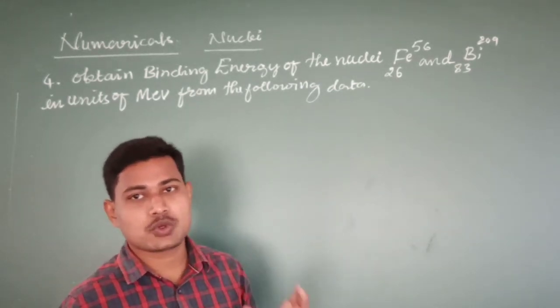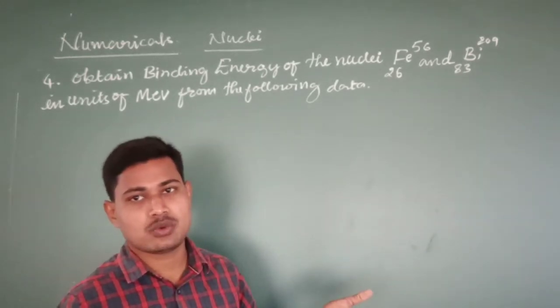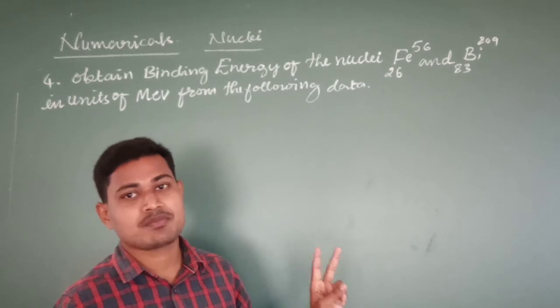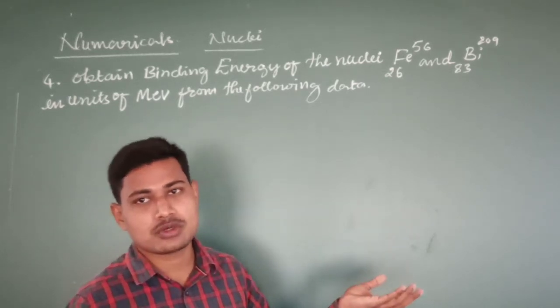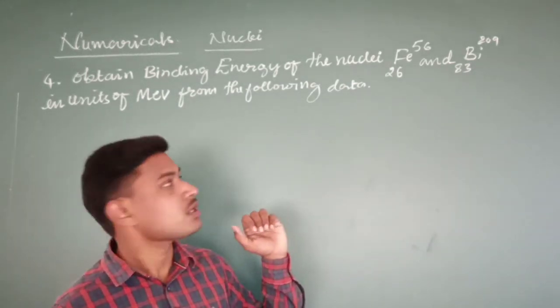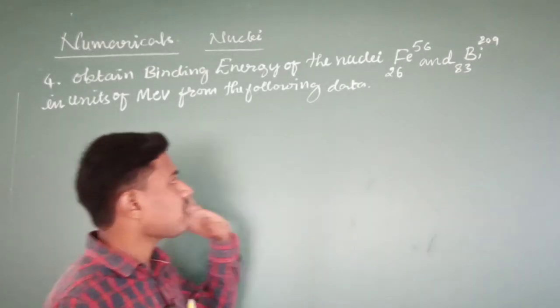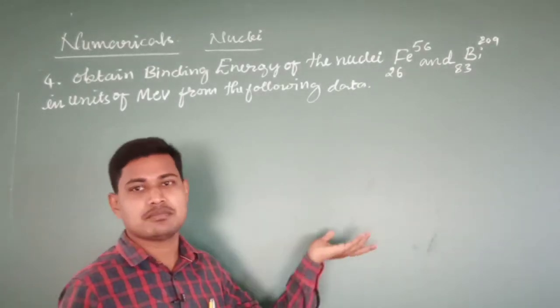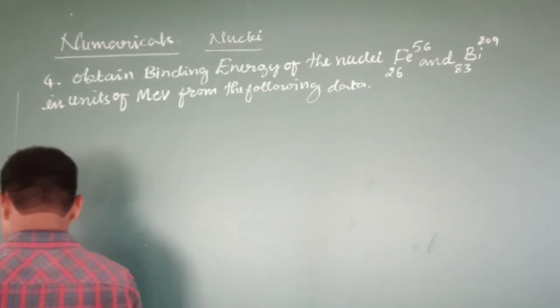If you know the total mass of the constituent nucleons of iron and the actual mass of the nucleus, you will get the mass defect, and that mass defect multiplied by 931 MeV will give you the binding energy of iron. Next, binding energy of bismuth they are asking. How to find it? Very simple, that is also the same. For this they are giving the data.